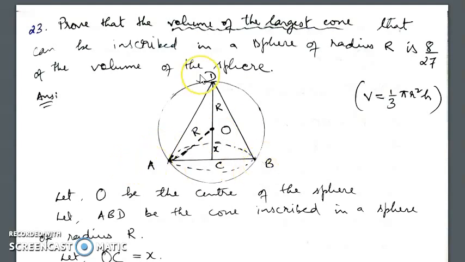Cone is A, B, D. Then in the answer, what I have written is: let O be the center of the sphere, A, B, D be the cone inscribed in a sphere of radius capital R.